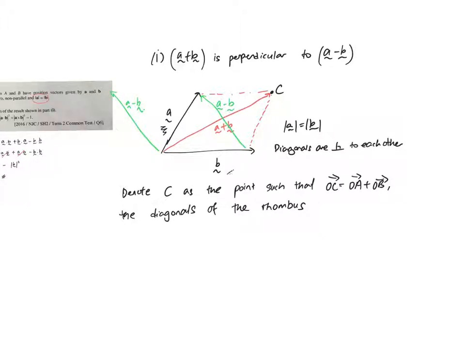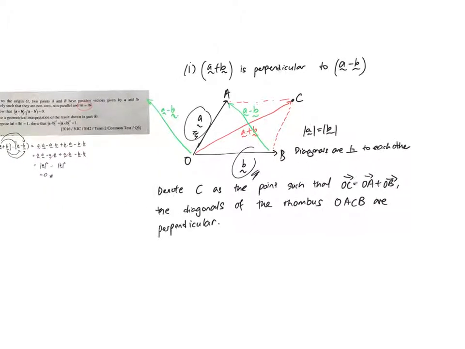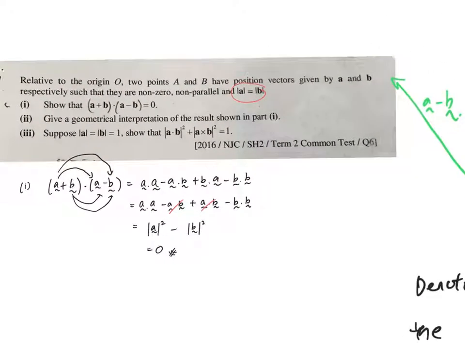So this and this are equal. Because O, A, C, B, the diagonals are perpendicular. So this is the geometrical interpretation that we will give. Okay, the fact that the diagonals are perpendicular, the magnitudes of A and B are equal, so this and this magnitude are equal. Okay, so that's the geometrical interpretation.